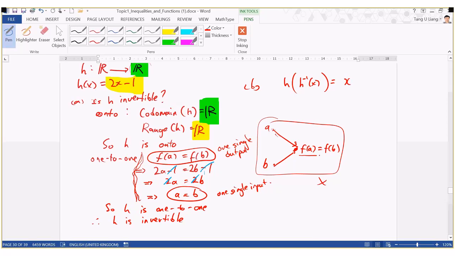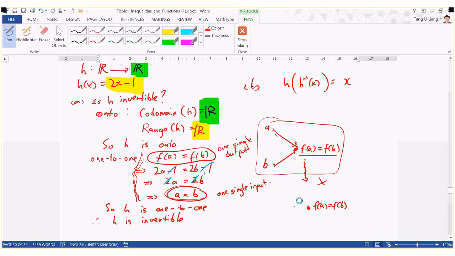This single input can be called A, and also B. So what was potentially two different points mapping down to a single point is in fact just one point only. With that, you show that one single output is mapped to by one single input.